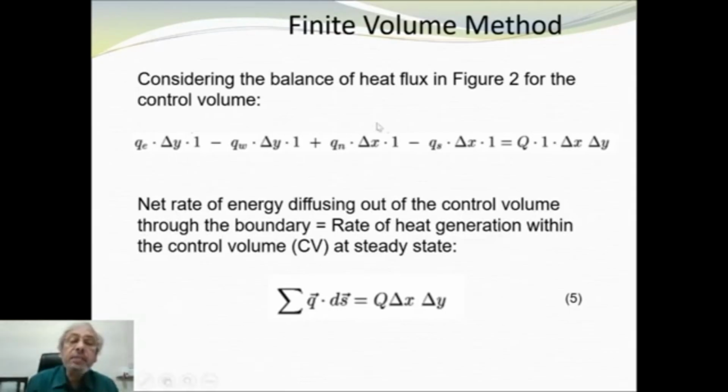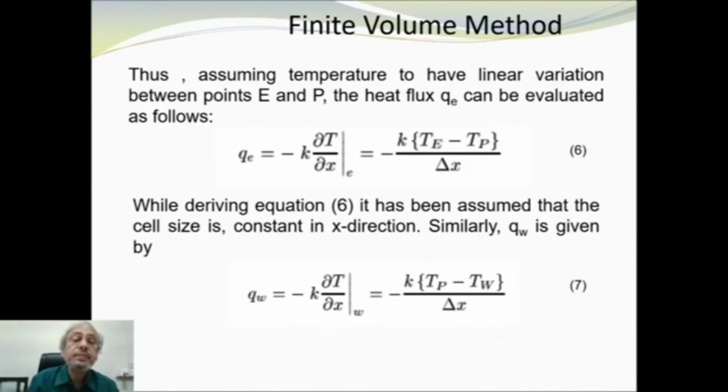So we can summarize this as the integral of q dot ds vector equal to Q delta X delta Y, where q dot ds is summed over all confining surfaces.